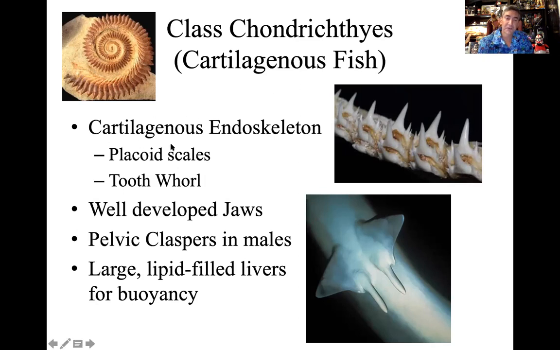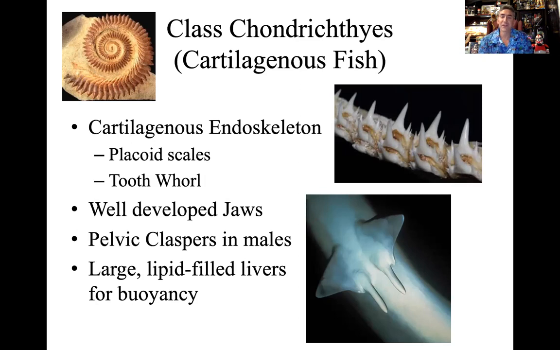This is not completely unique to this group, but it's what they're most well known for: an endoskeleton without bone. We saw the agnathans starting to have little remnants of bone, but not quite yet.